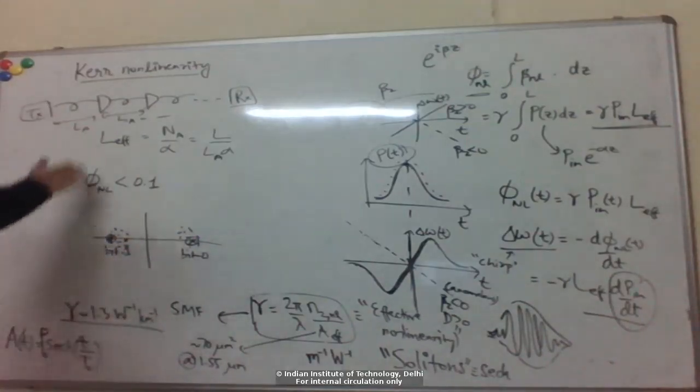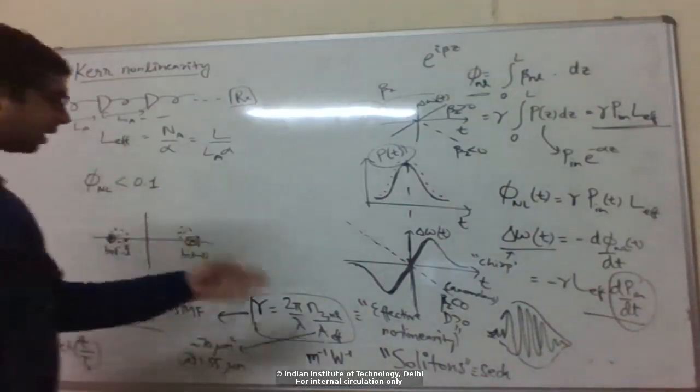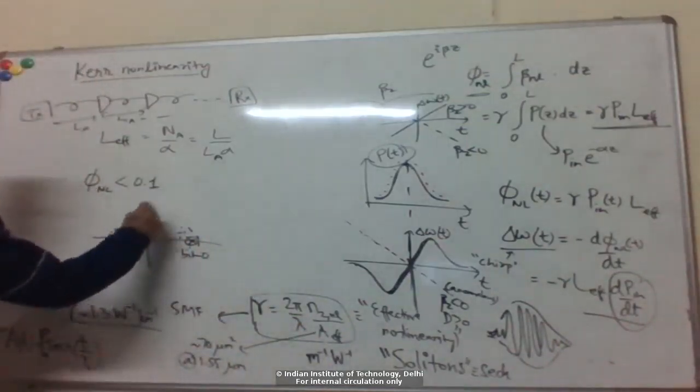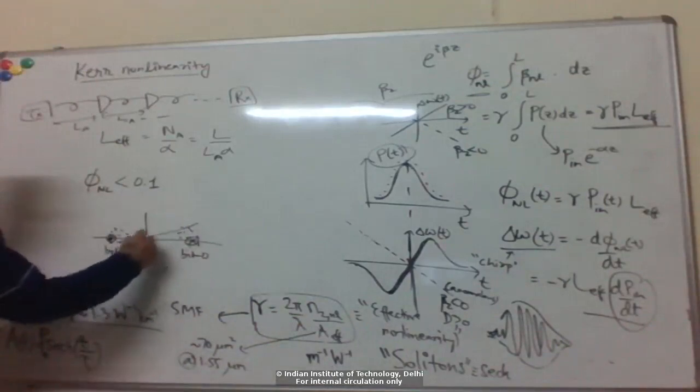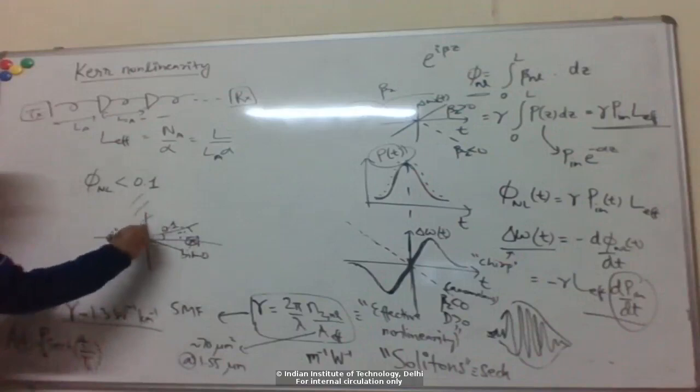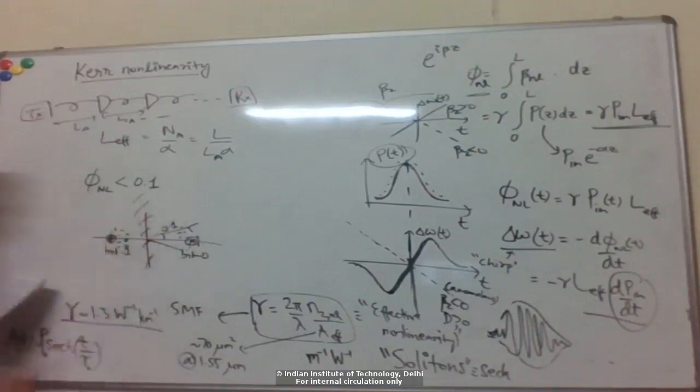So here this self-phase modulation is acting like a distortion on your phase. So if you say that this is less than 0.1, I can still make a good decision between whether it's bit 0 or bit 1.